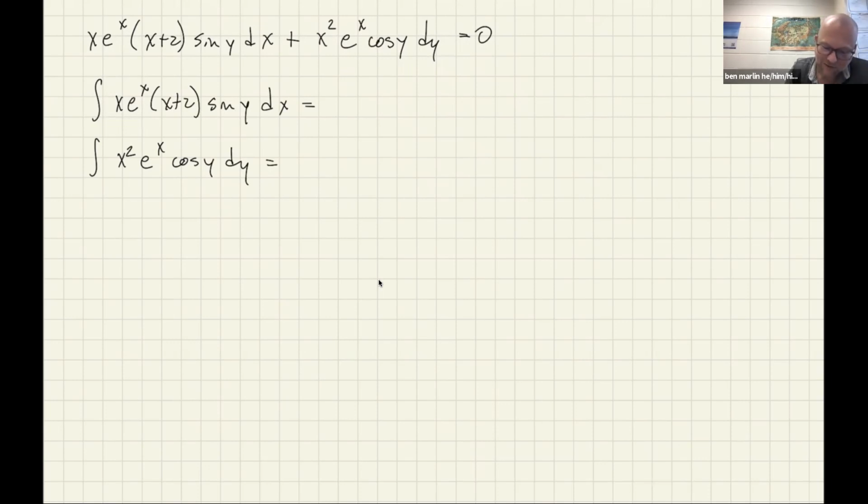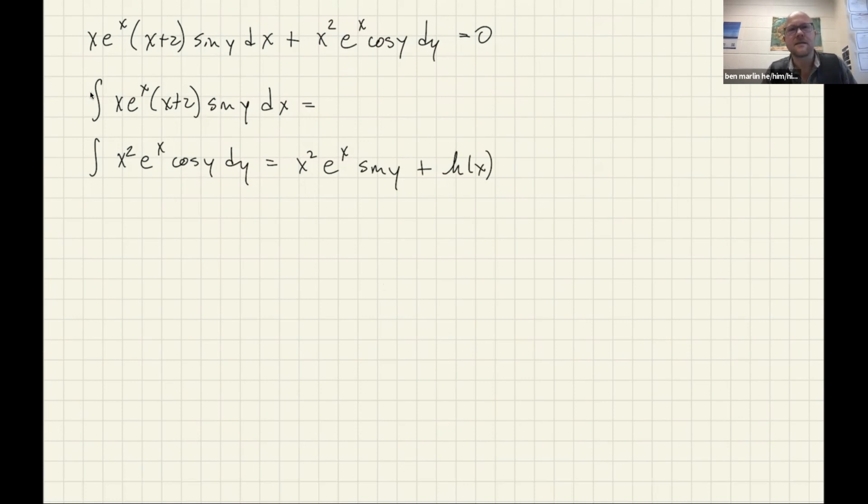And so, guess what? I'm going to do the easy one and have my sine y plus, then we need to say something about an h of x here. Now, that integration there, because I do not want to bore you, I am going to step over here.